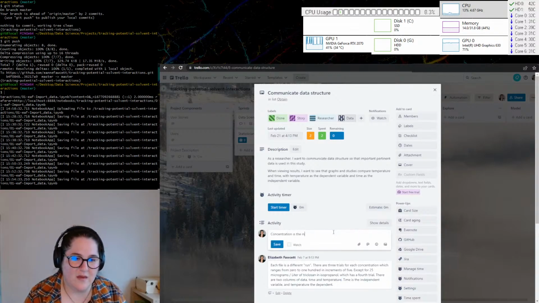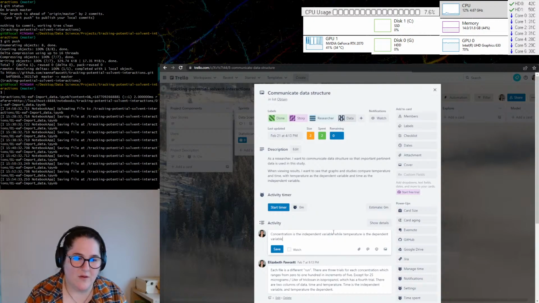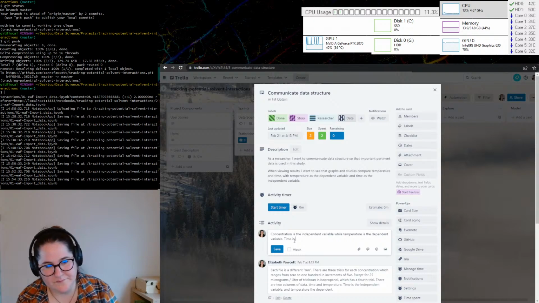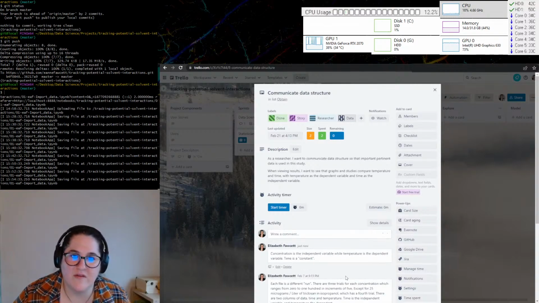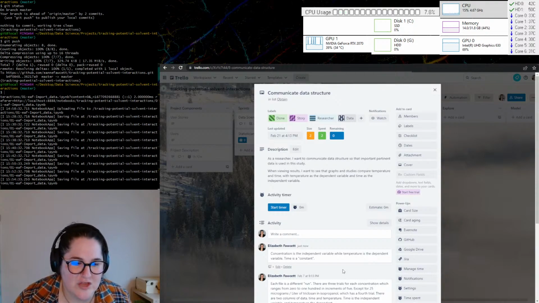Concentration is the independent variable, while temperature is the dependent variable. Time is a constant. It's changing, but you know, it's not changing as a result of our experimental intervention.